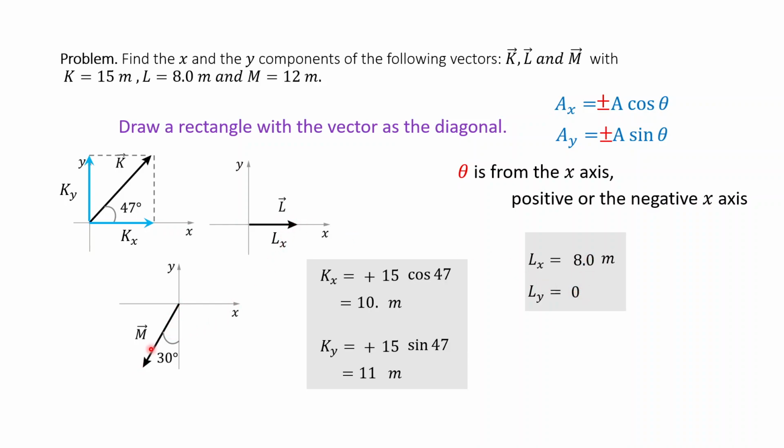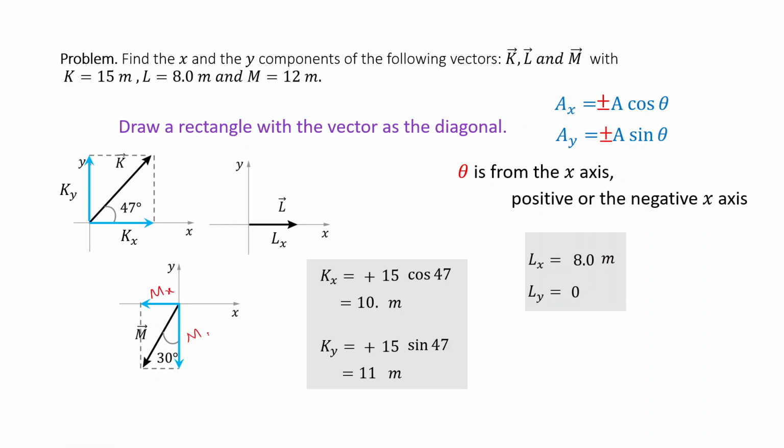Now this one, you need to draw a rectangle with the vector as the diagonal. Now this is the x component. This is the y component. So this is mx.